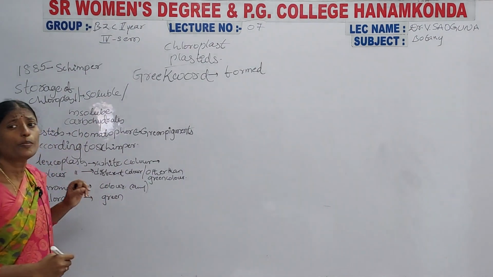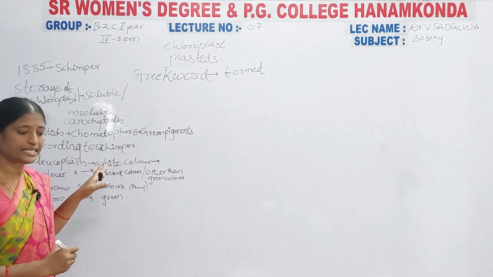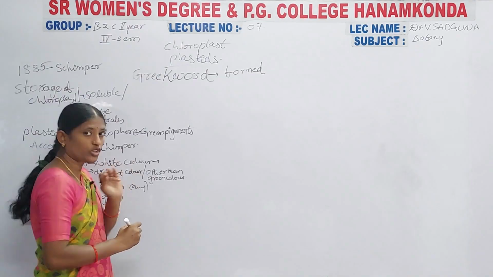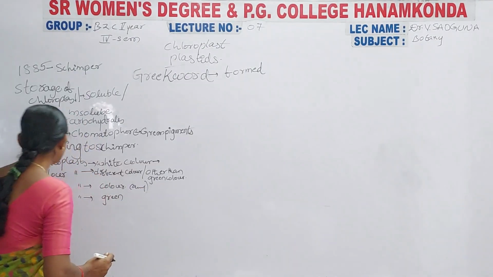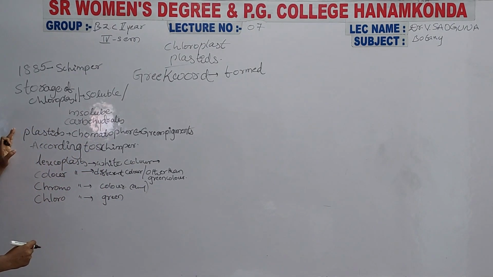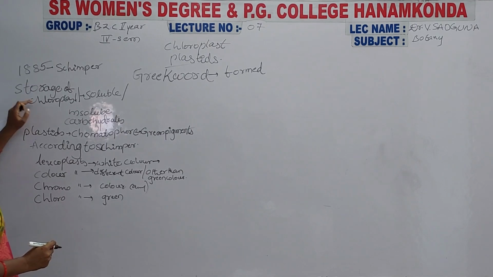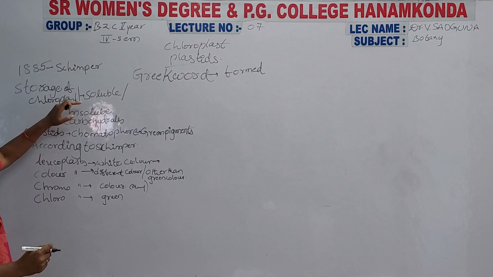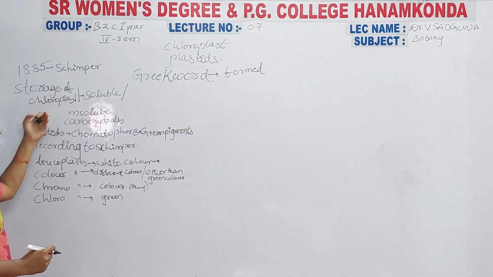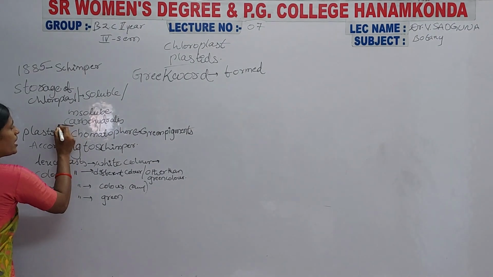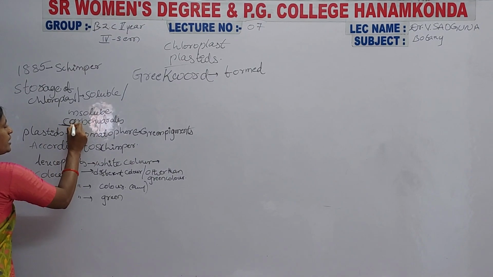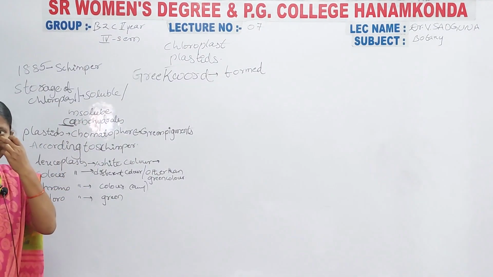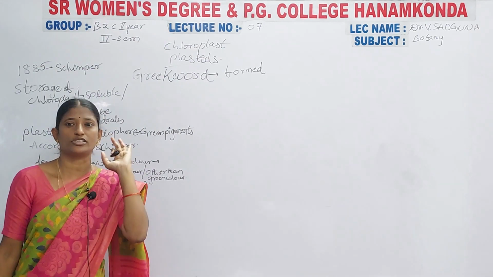Then the leucoplast synthesizes starch, because plastids or chloroplasts contain soluble or insoluble carbohydrates. Carbohydrates are nothing but different types of starch.